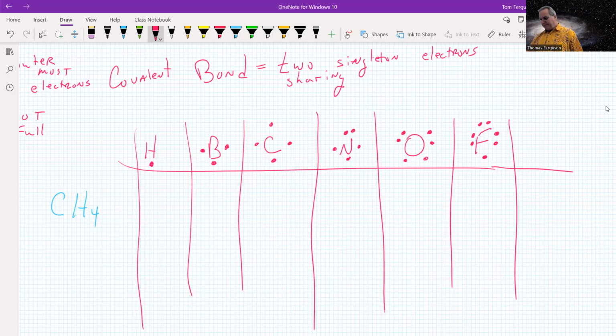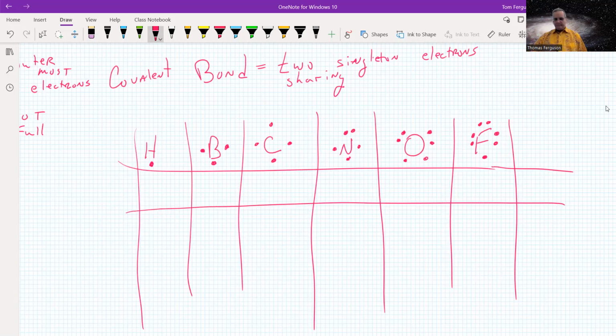All right, so having just given you the definition of a covalent bond, how many bonds can hydrogen make?